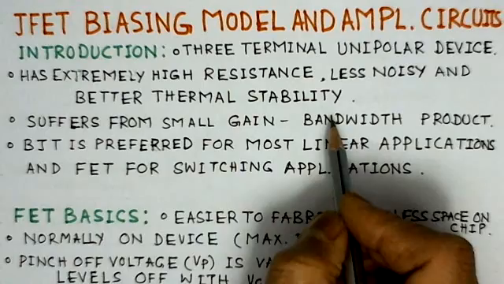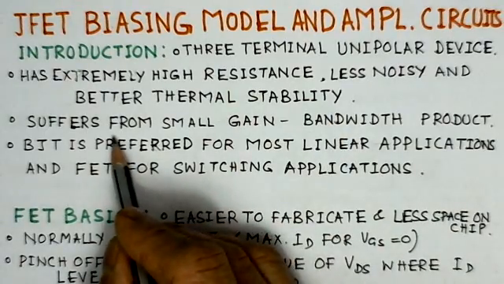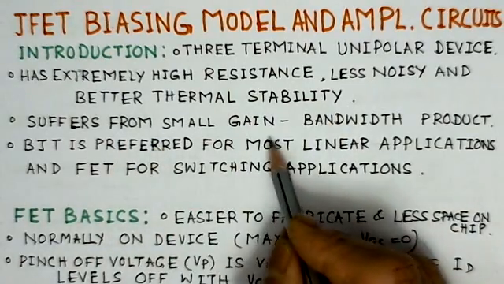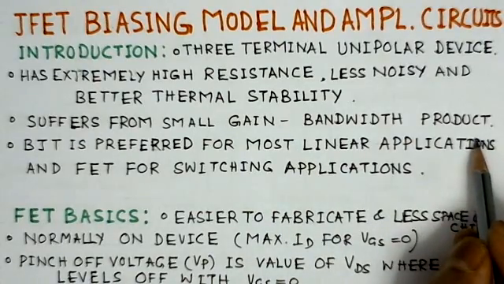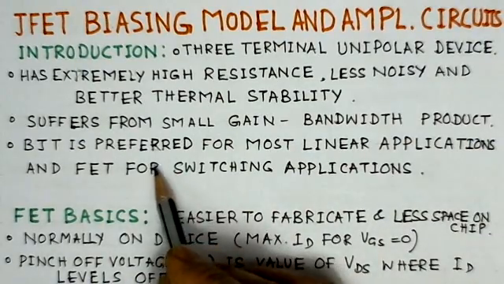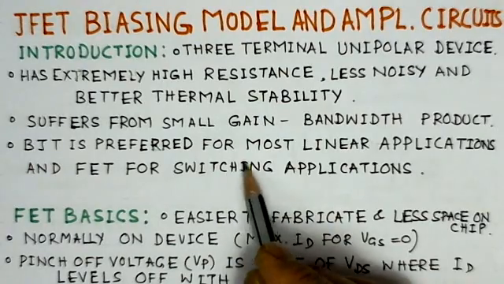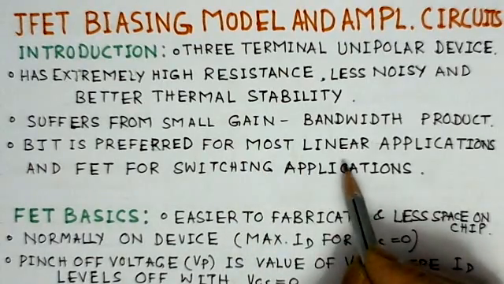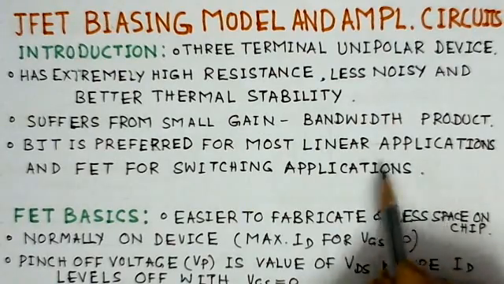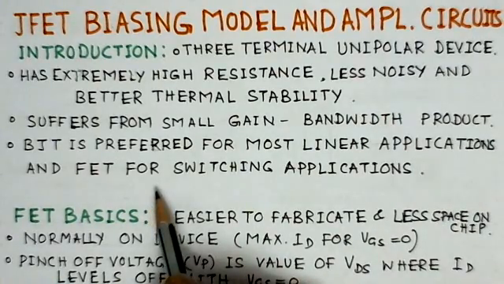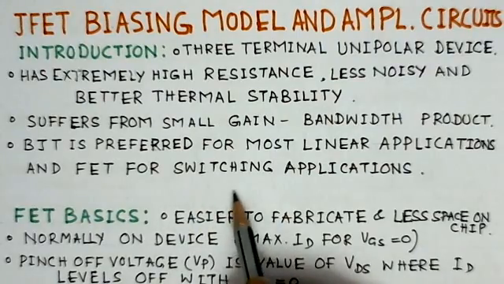The only disadvantage is that it suffers from a small gain bandwidth product. BJT is a preferred device for most linear applications, and FET finds applications for switching.